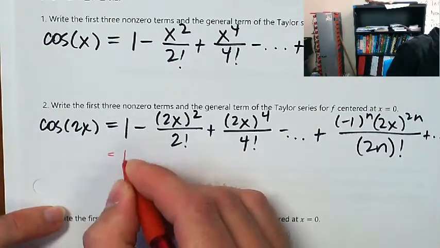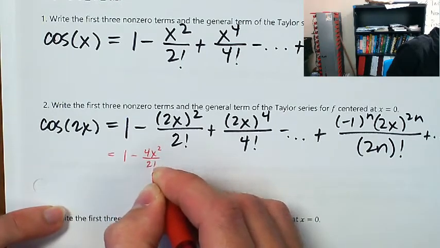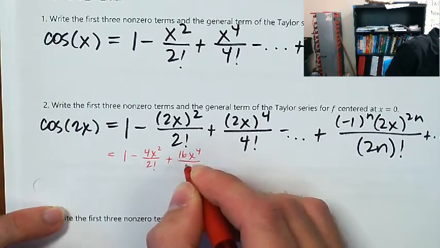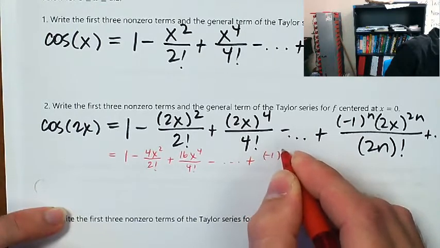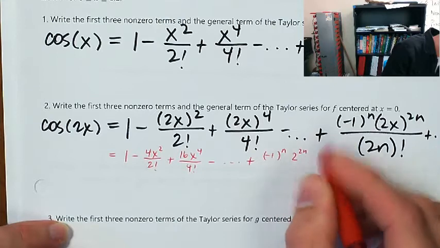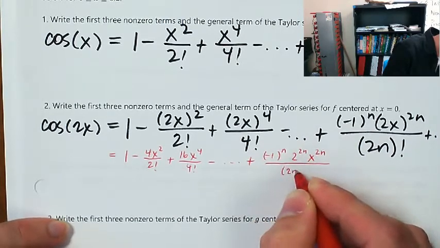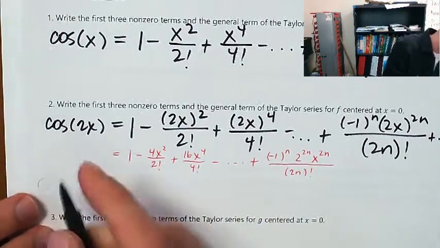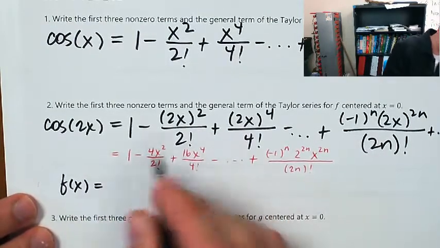I'm going to say that's 1 minus 4x squared over 2 factorial plus 16x to the 4 over 4 factorial. The general term is really all I did here, just take that 2 to the 2n, x to the 2n divided by 2n factorial. That means f is, I'm going to distribute an x squared to each of these terms.